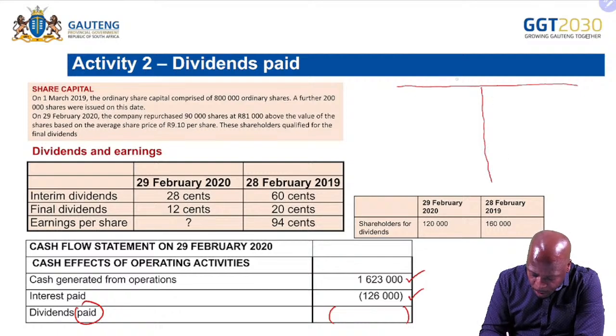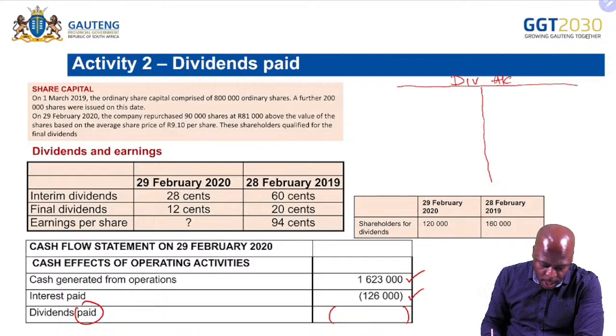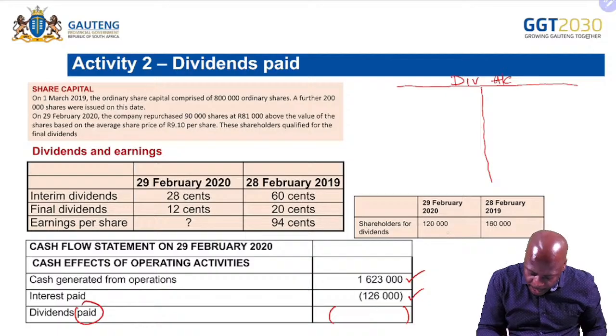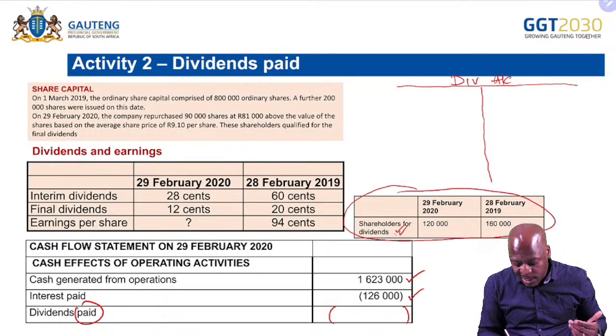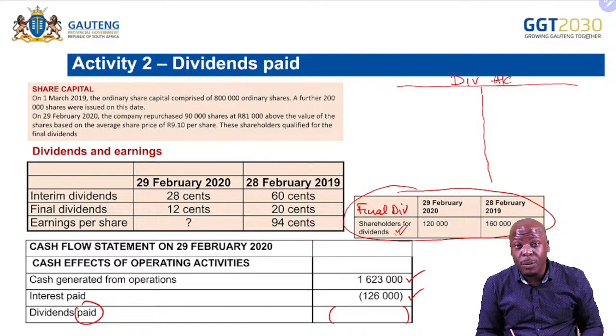So, the first thing that you have to think is, this is my extract of the balance sheet. You can see here shareholders for dividends. Once it says shareholders for dividends, these are my final dividends.